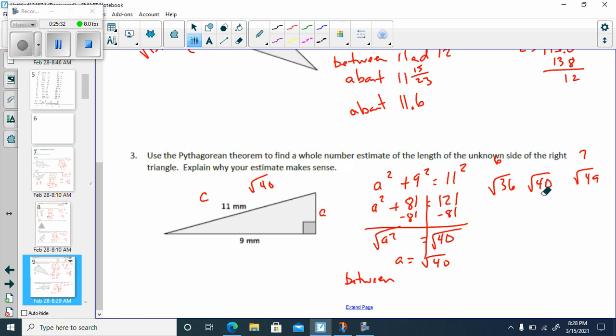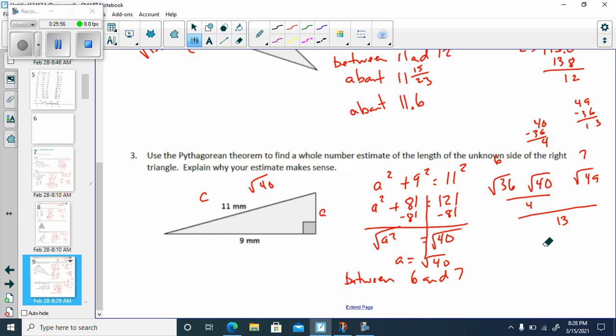So see, it would fit between those two. So it's between 6 and 7. So that means it's 6 point something. The distance between these two is 4. The distance between those two would be, what, 13? Because 40 minus 36 is 4, and 49 minus 36 would give me 13.